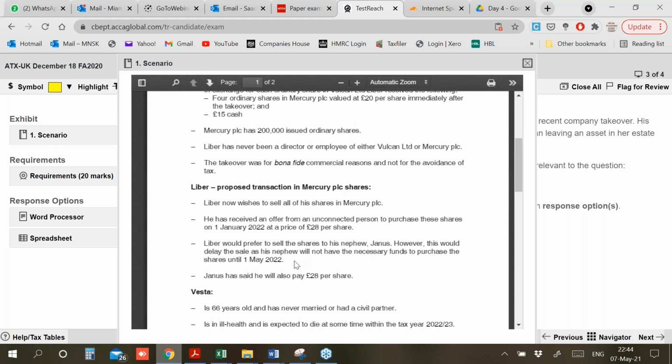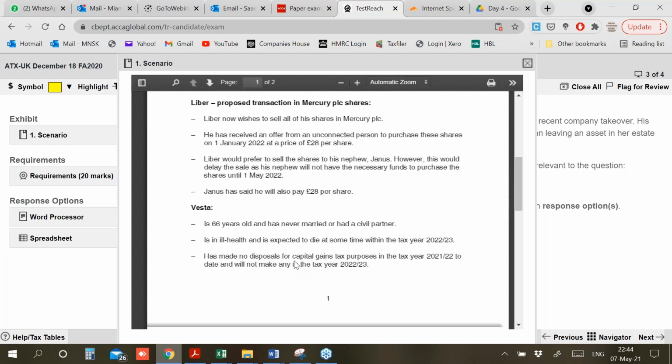Again, it will not be the right answer that if he sells the shares now, he will receive the money earlier, and if he sells next year, he will receive the money a year later. You have to tell me what will be the impact on the tax of delaying the sale. So this will not be the correct answer either.